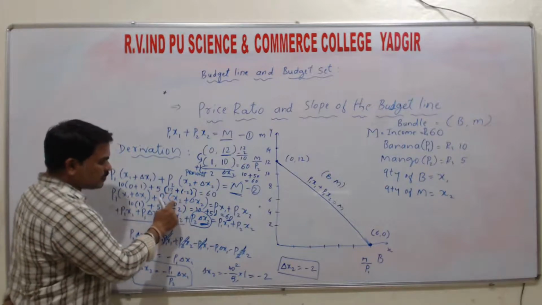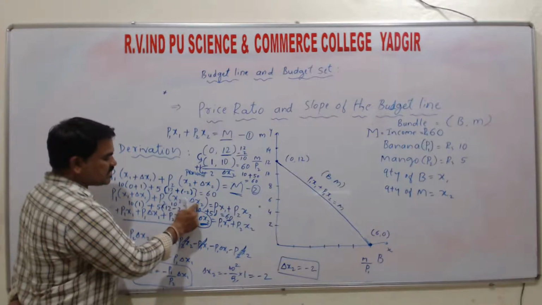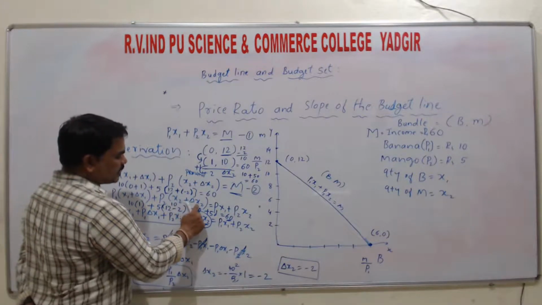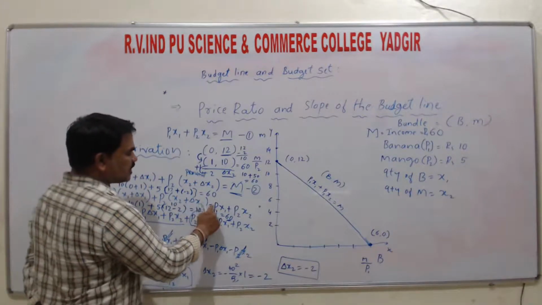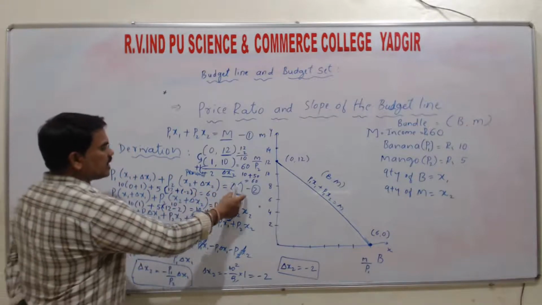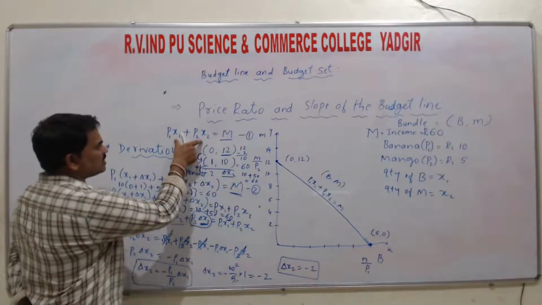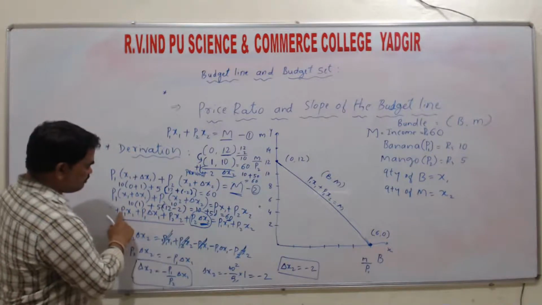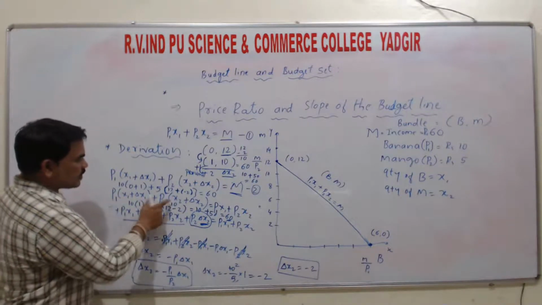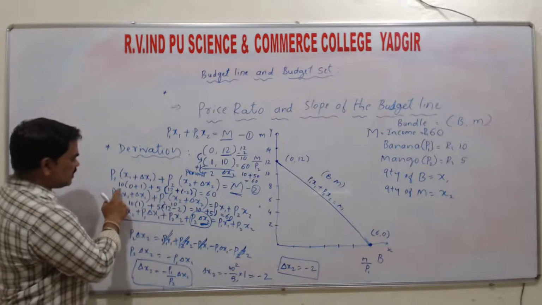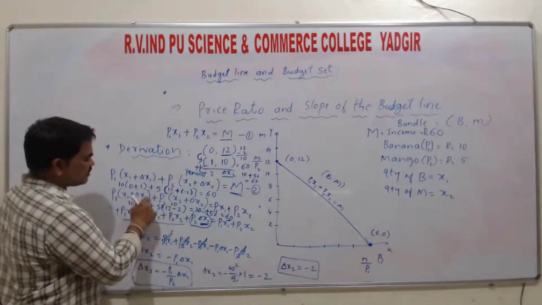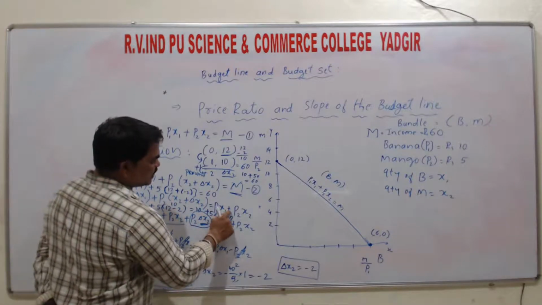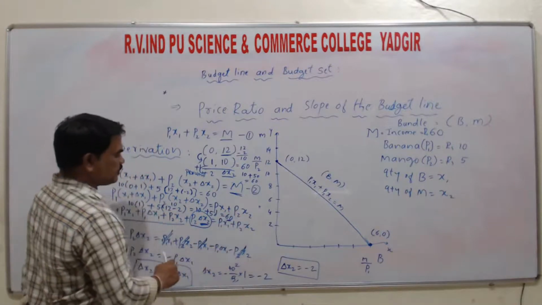That's why for x2 we mention x2 plus the change in the quantity of mango, which we specify with delta x2. It should be equal to M. When both equal M, then this is equal to this, which I have written here. So P1 (x1 plus delta x1) plus P2 (x2 plus delta x2) is equal to P1 x1 plus P2 x2.